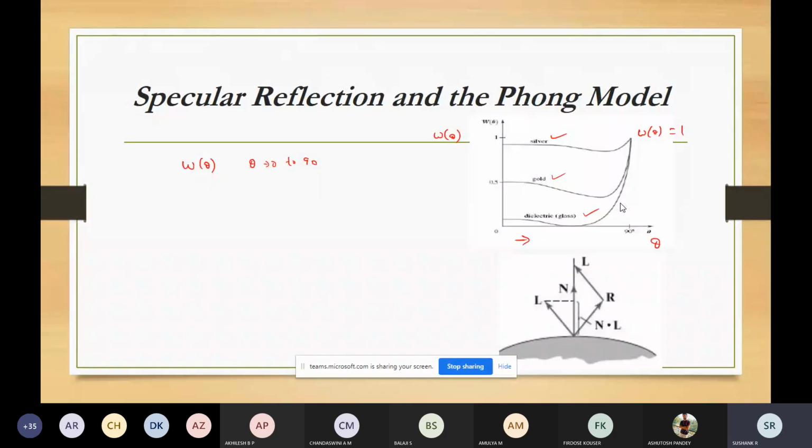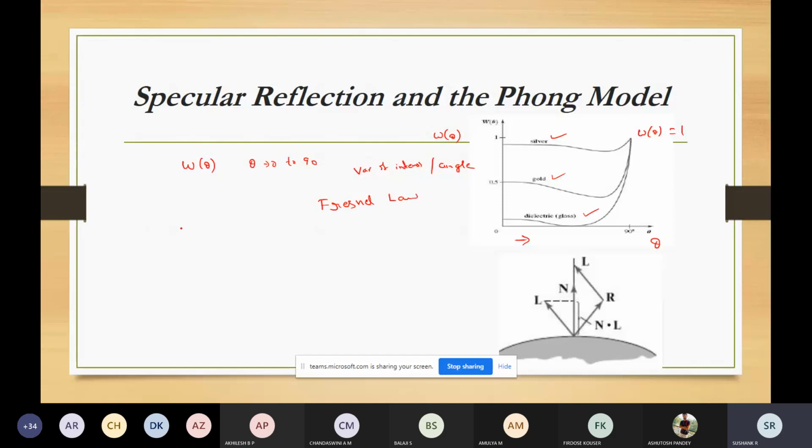Now the variation of this specular intensity with the angle of incidence is governed by the Fresnel law of reflection, which governs the variation of intensity versus the angle of incidence.